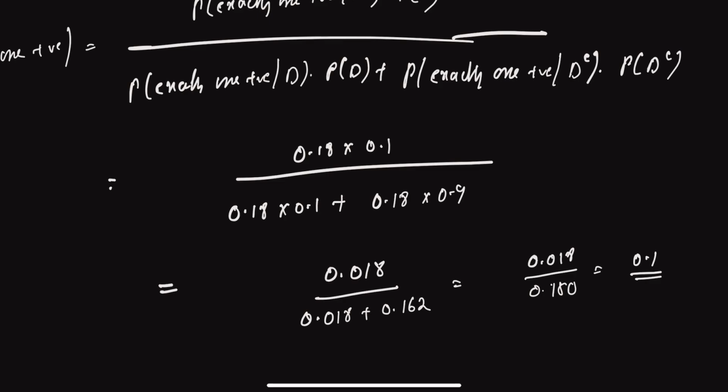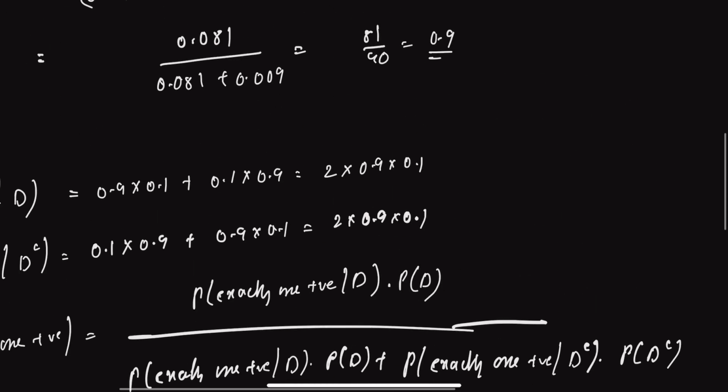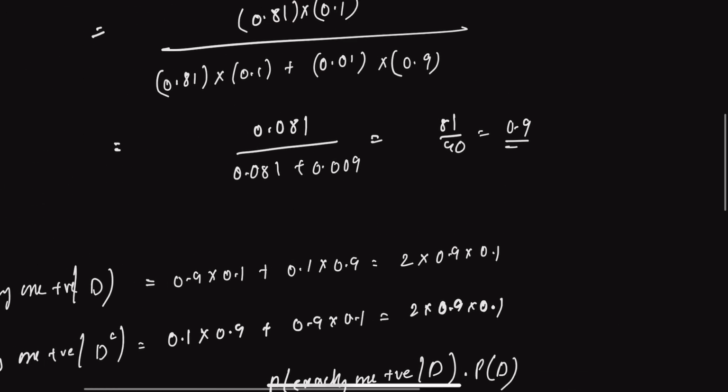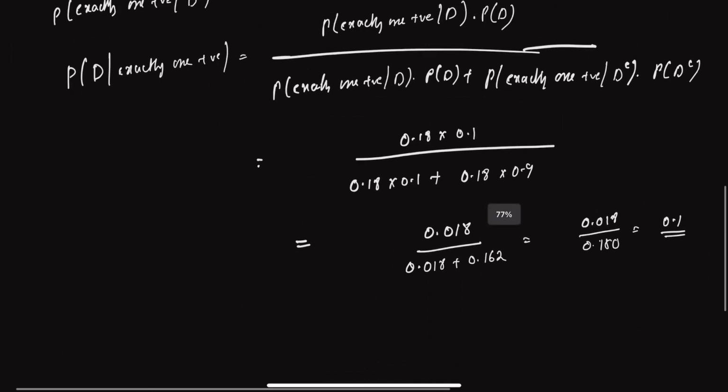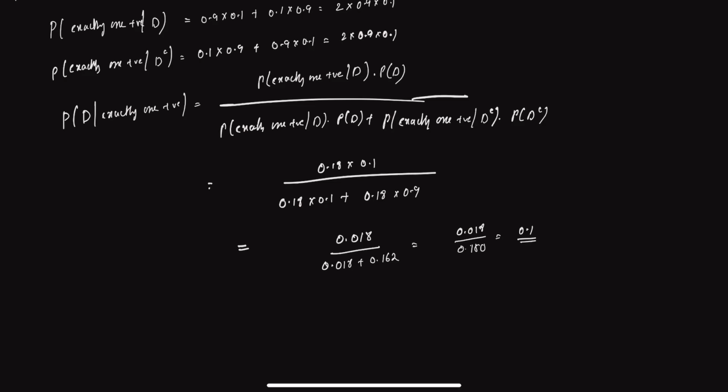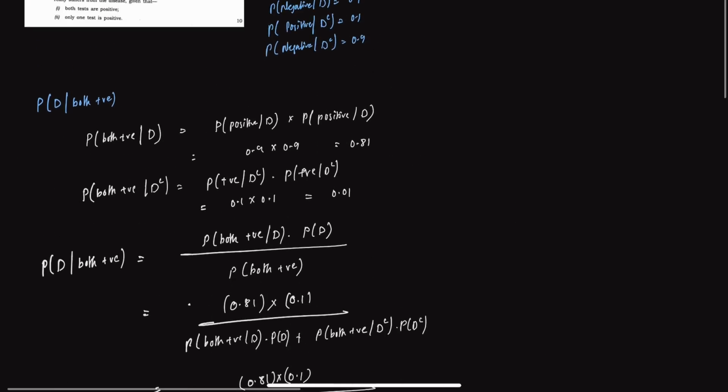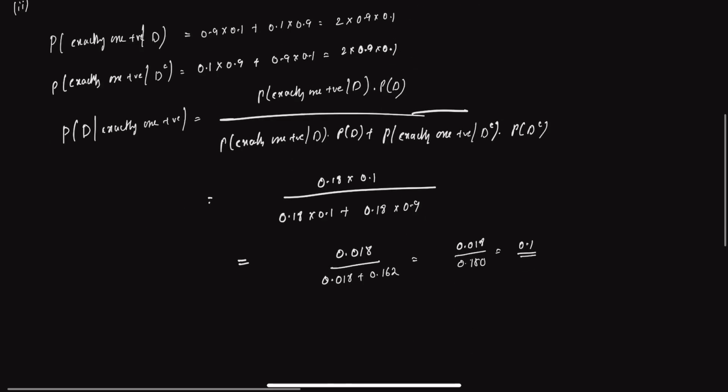So that means if both tests are positive, the posterior probability of disease increases to 90%. In the first case, we are getting 90%. Now if exactly one test is positive, the posterior remains at the prior probability, which is just 10%.